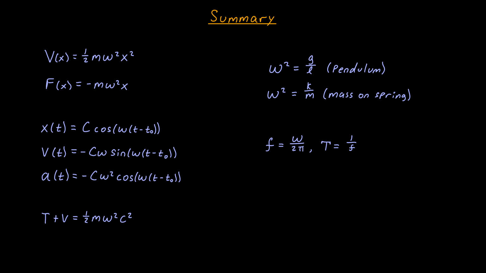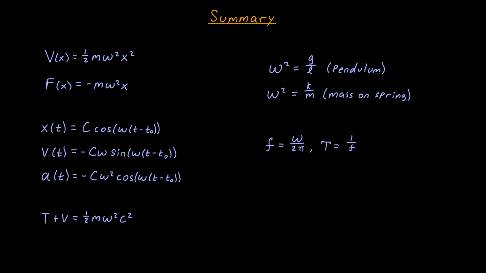Now, this quantity omega characterizes how quickly our system oscillates over time. If we look at any of these equations that we derived for position, velocity, or acceleration over time, we see that the larger omega is, the less time it will take for a full cycle to be completed, for whichever one of these variables we're talking about. That means that omega measures the angular frequency of our system, or in other words, how many radians per second our system is covering as it oscillates.